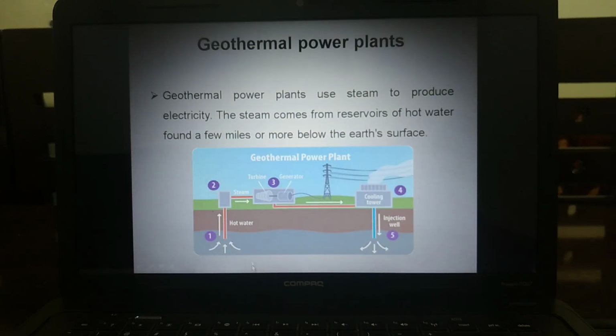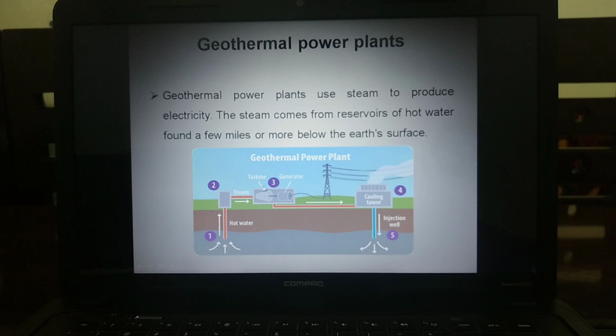Geothermal power plant. A geothermal power plant draws water from an underground reservoir to the surface to produce steam. The hotter the steam, the faster the turbine rotates.